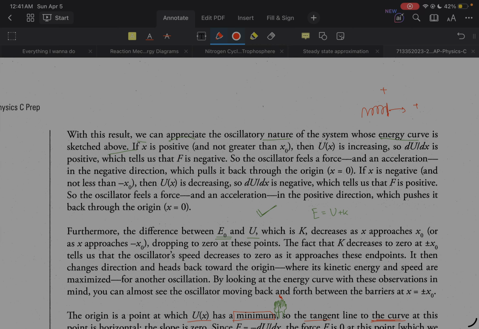But since it's in the positive x direction, we know that the force will be going this way, which is in the negative direction. It'll be a negative force.